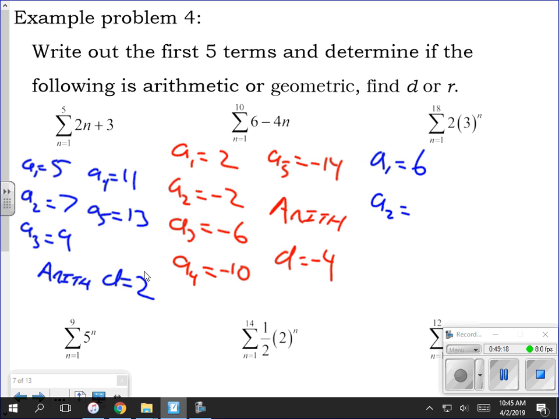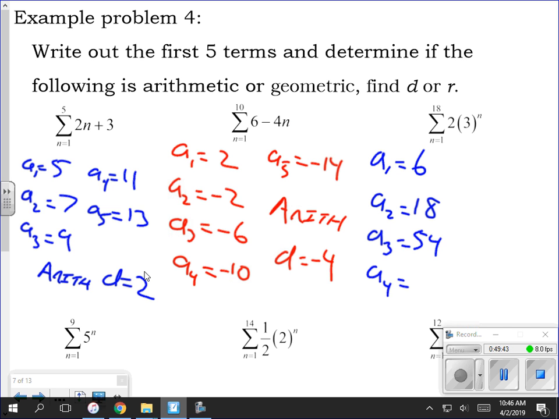A sub 2. Which means I have 3 squared, which is 18. Sorry, 3 squared, which is 9. 9 times 2 gives me 18. A sub 3. 3 cubed is 27. 27 times 2 is 54.